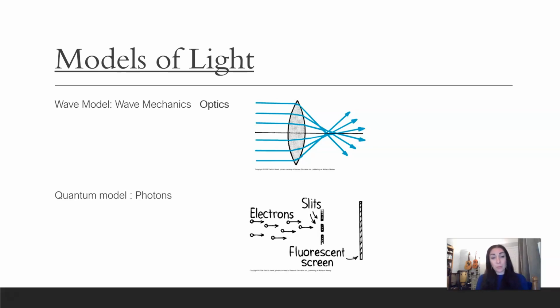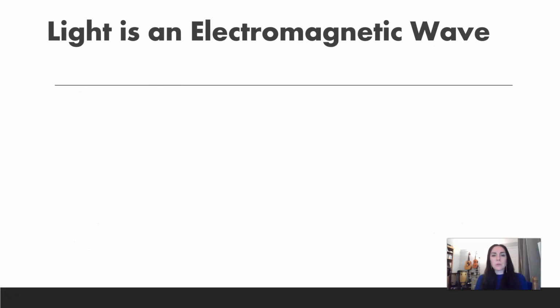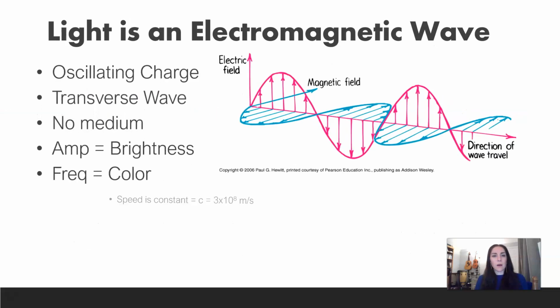Turns out it's actually both at once, and we made up a new theory called the photon and the quantum model to adjust for that. So we are not going to do any quantum modeling at all, but just know that there is a bigger model of light. So we'll start with the basic definition of light.